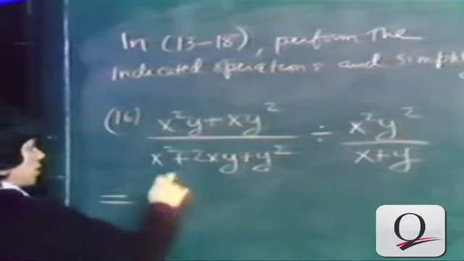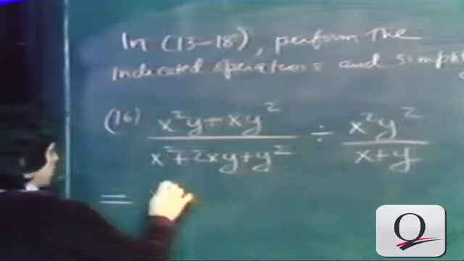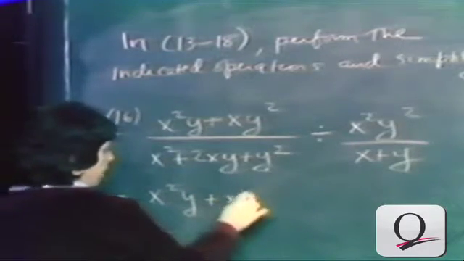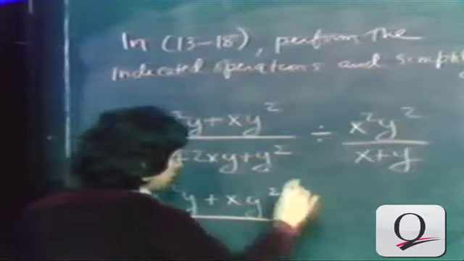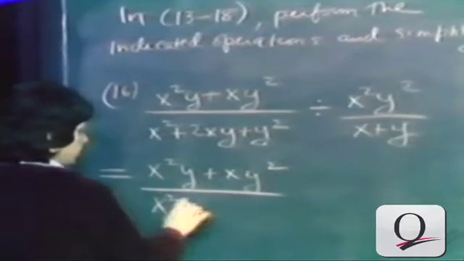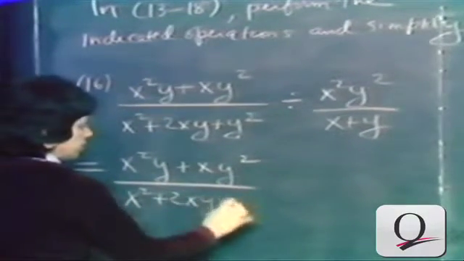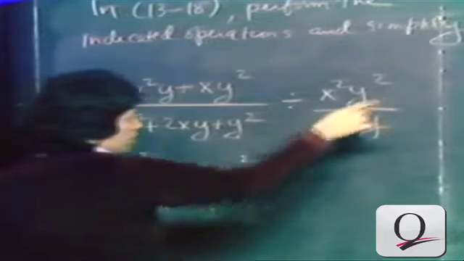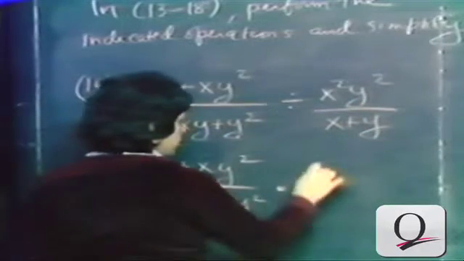So what we have here, before we try to factor or anything, let's just change our division to a multiplication. Instead of dividing by this fraction, we will multiply by the reciprocal.